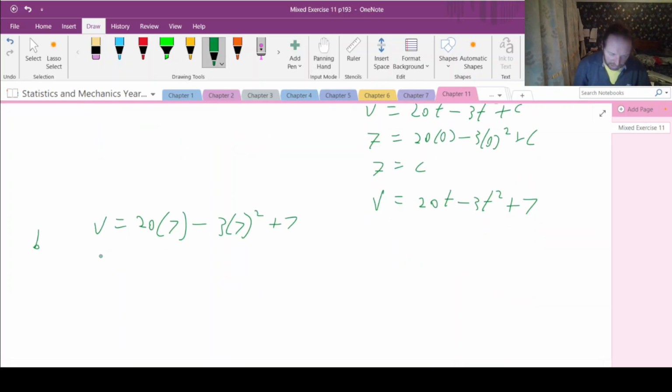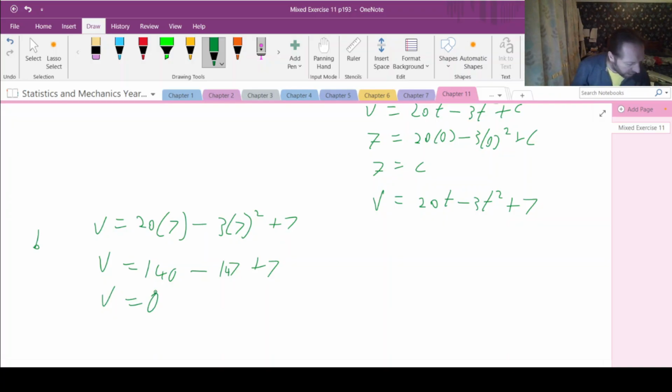We can see that v equals 140 minus 49 times 3, minus 147, plus 7, so v equals 0. Okay, so there you are, that's that bit done.